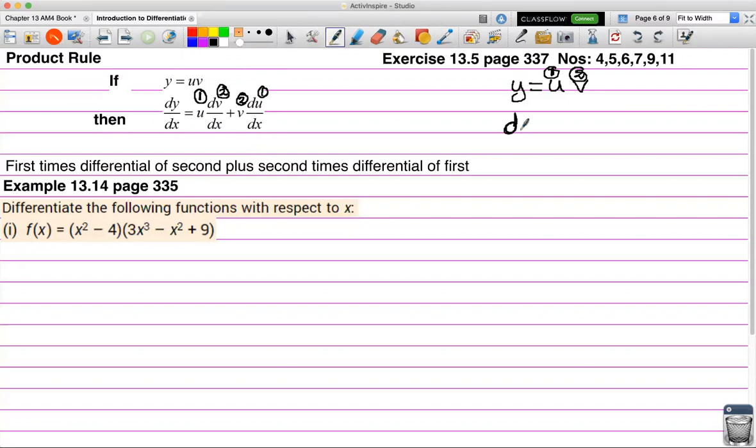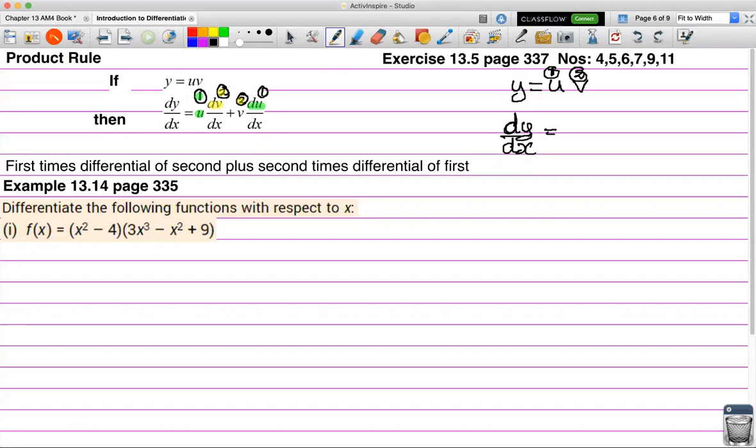So dy dx, according to this formula here, it is going to be the first function times the differential of the second function plus the second function times the differential of the first function, because d stands for differential.